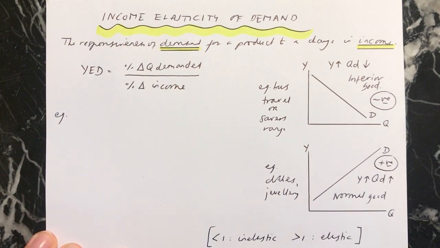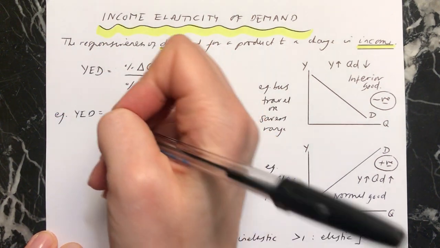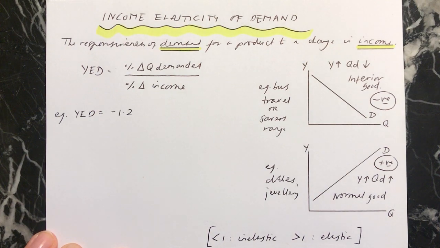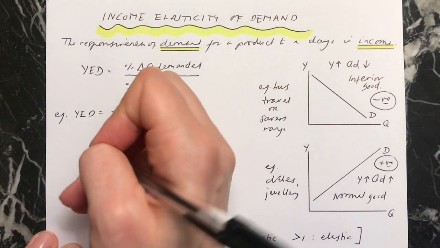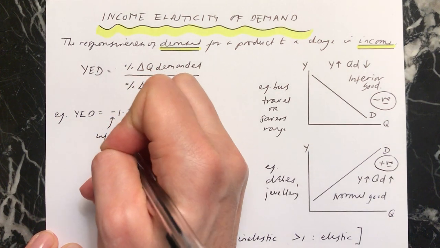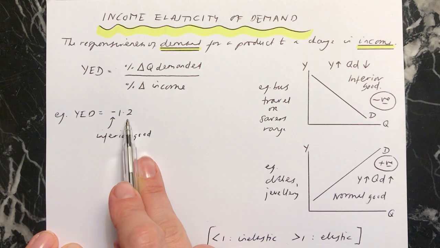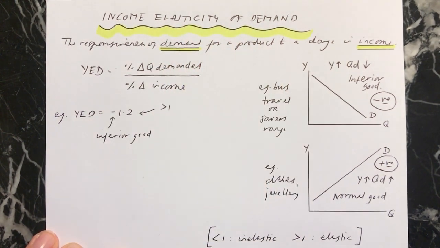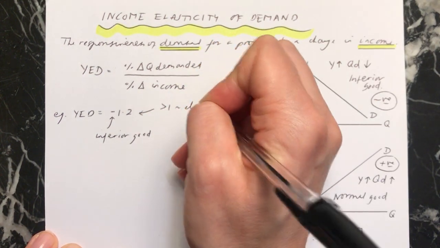So an example would be if our YED is equal to negative 1.2. So the first thing we can tell here, because it's a negative value, we know that it's an inferior good. And because the value is greater than 1, we know that it must be elastic.